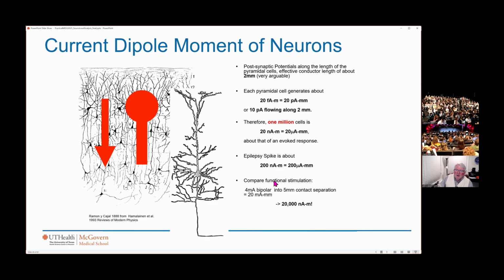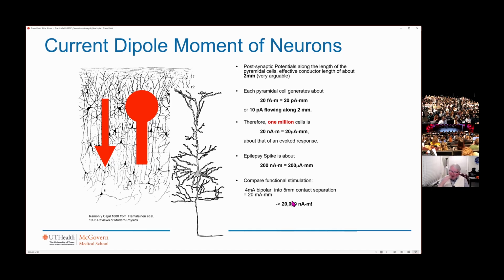Now, if you do any kind of functional stimulation, like these days, deep brain stimulation is becoming quite popular for more than just epilepsy, but also for Parkinson's, motor movement disorders, and now even depression and obsessive compulsive disorders. Those stimulations, at least in epilepsy, we're usually putting about 4 milliamps into two contacts 5 millimeters apart. So that's 4 times 5, that's 20 milliamp meter.